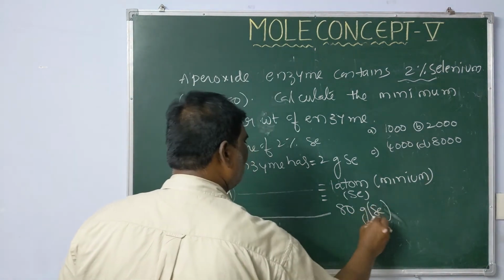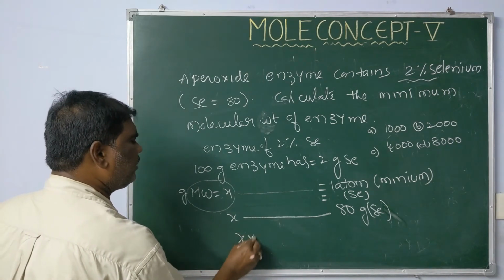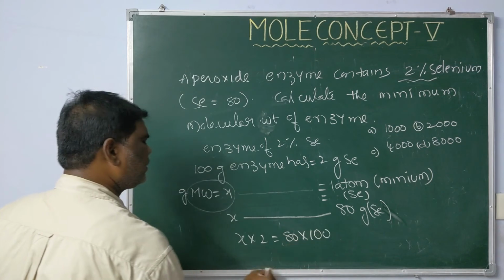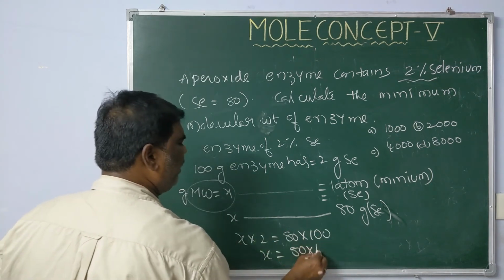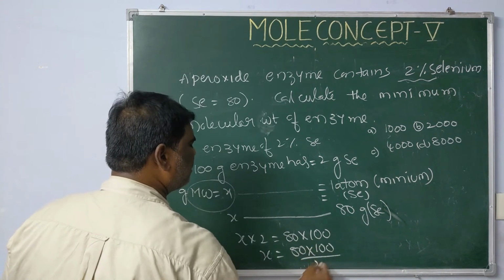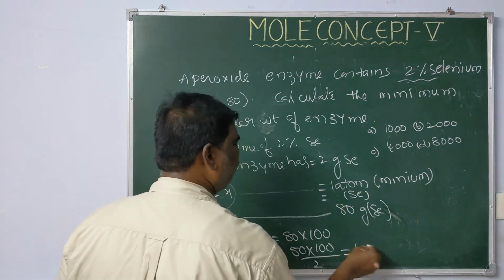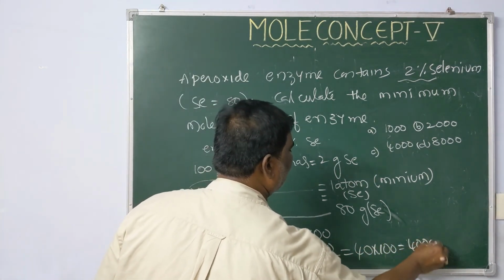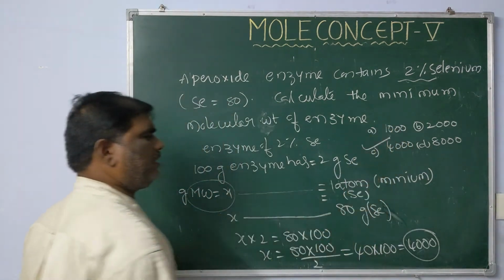Now on cross multiplication, X into 2 is equal to 80 into 100. So X is equal to 80 into 100 by 2. On simplification, 40 into 100, or 4000, is the minimum molecular weight.